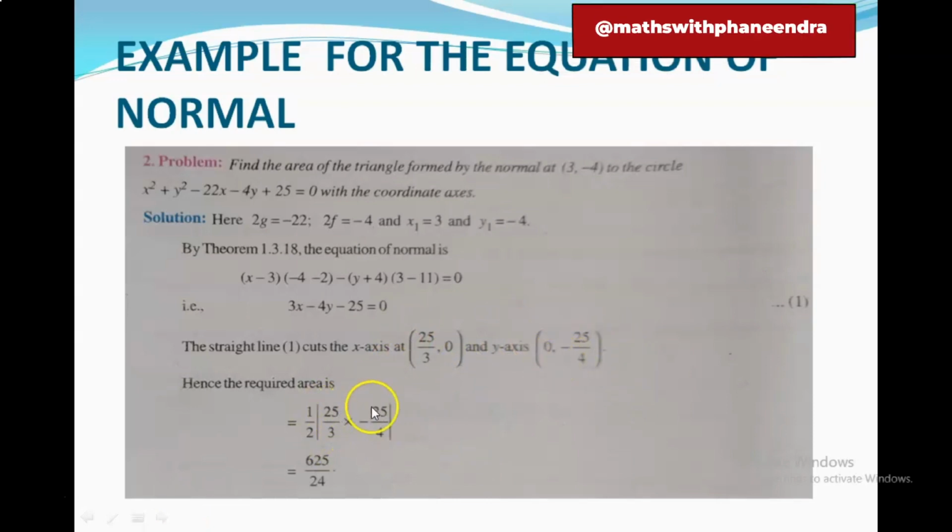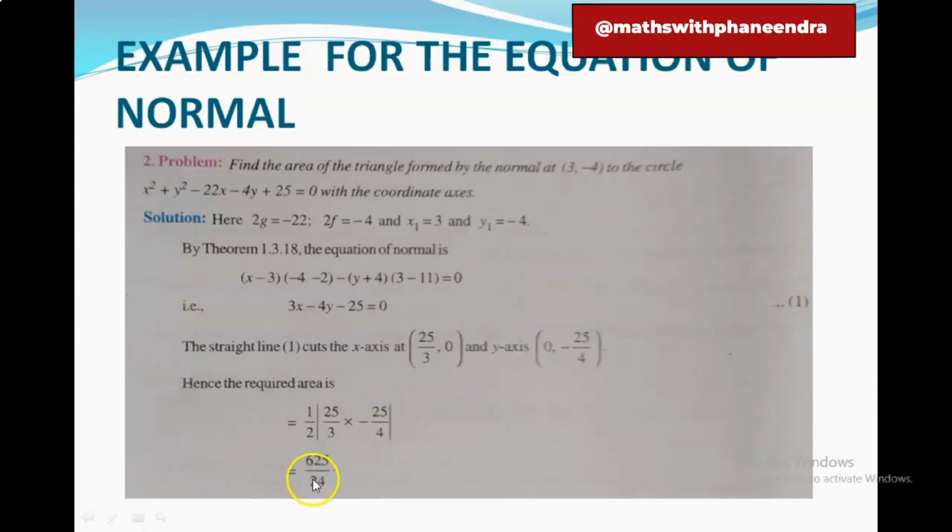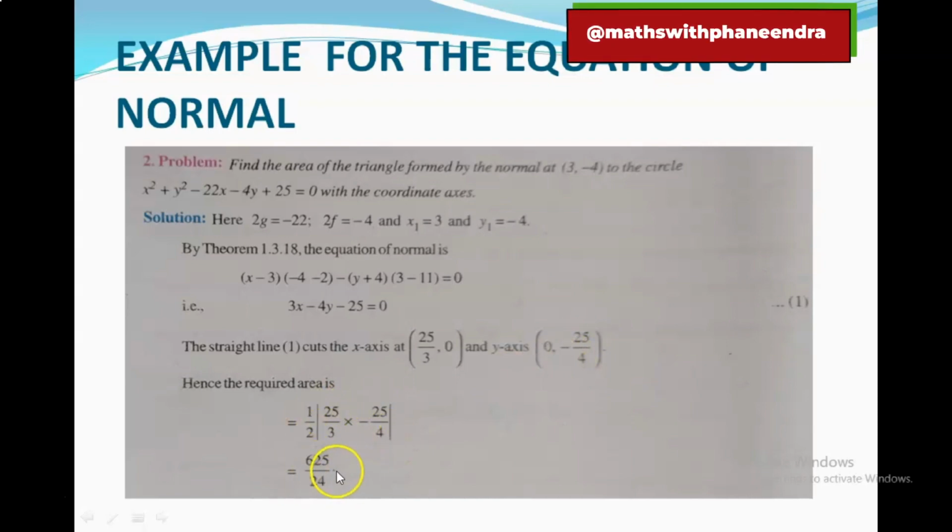Half into 25 into 25 is 625, by 4 into 3 is 12, 12 into 2 is 24. Therefore 625/24 square units. This is the required area of the triangle formed by the normal at the point (3, -4) to the circle.